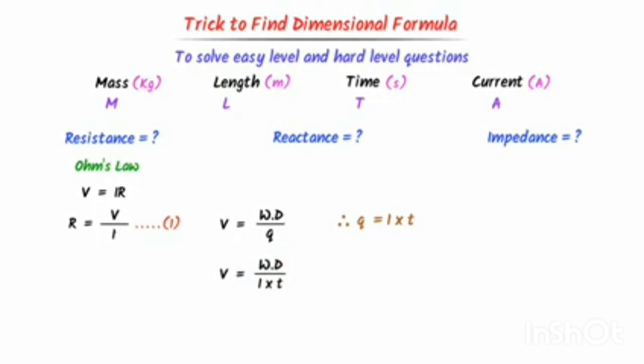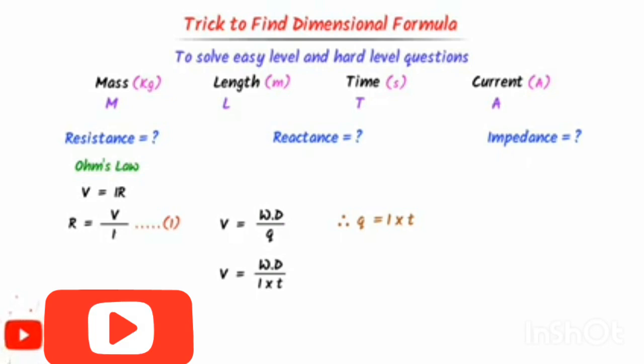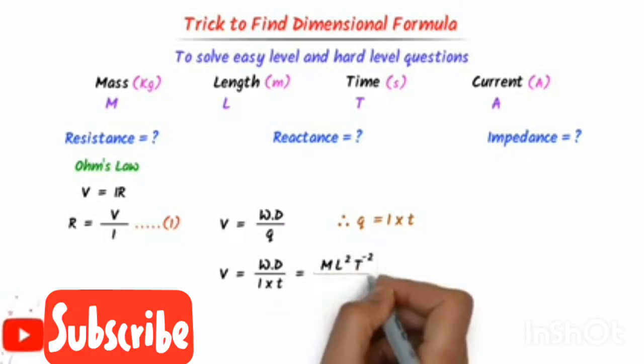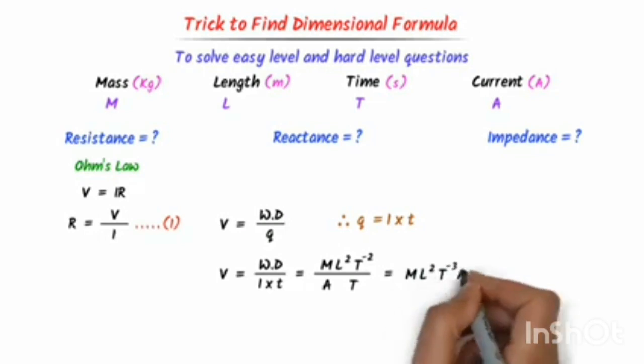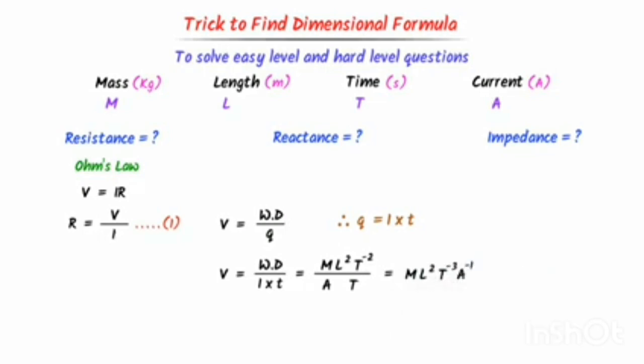We already calculated the dimensional formula of work done, which is M L^2 T^-2. The dimensional symbol of current I is A and that of time is T. I shift A from the denominator to the numerator. I get M L^2 T^-3 A^-1. Hence the dimensional formula of voltage is M L^2 T^-3 A^-1. Let this be equation number 2.